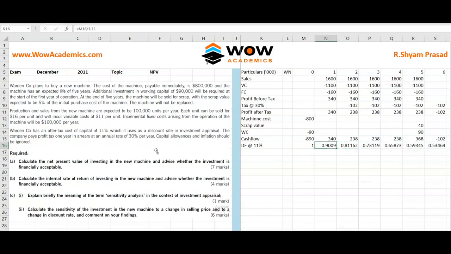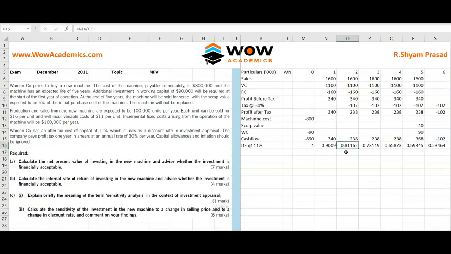I'll repeat again. Take the 0th year as 1, and then in the first year reference the previous cell number, which will always be 1, divided by 1 point the discount factor. The discount factor is 11% here, so we take it as 1.11. So you got this formula.